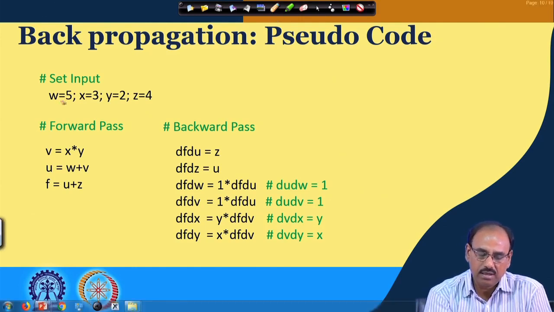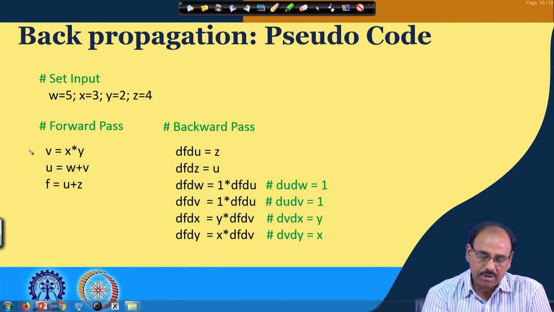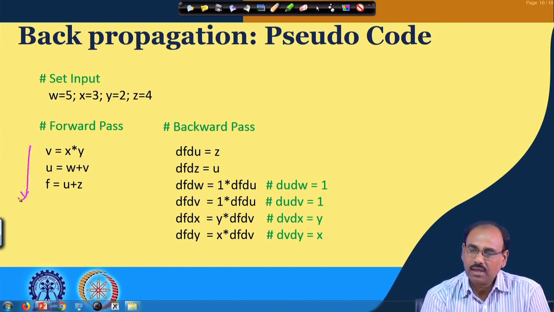The input values we had set earlier were w equal to 5, x equal to 3, y equal to 2 and z equal to 4. Then we have computed the forward pass. In the forward pass, v is equal to x into y, then u is equal to w plus v, and then f is equal to u plus z.